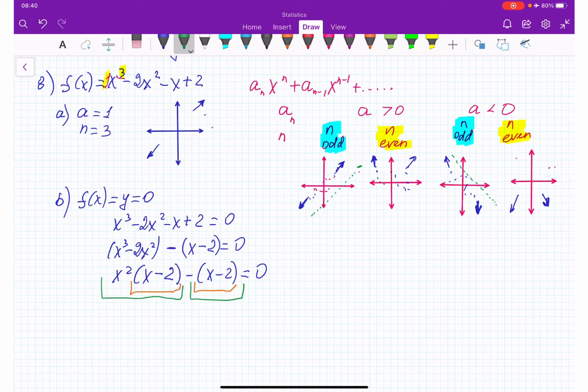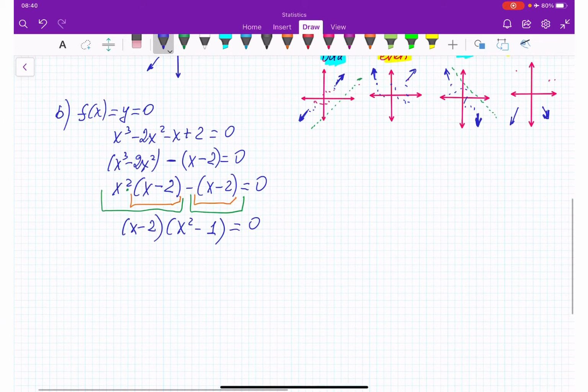Terms are identified based on addition and subtraction between them, not multiplication. If I take x minus 2 from both, from the first term I will have x squared left, and from the second term only minus 1. That's all. Equals 0. Okay, x squared minus 1.